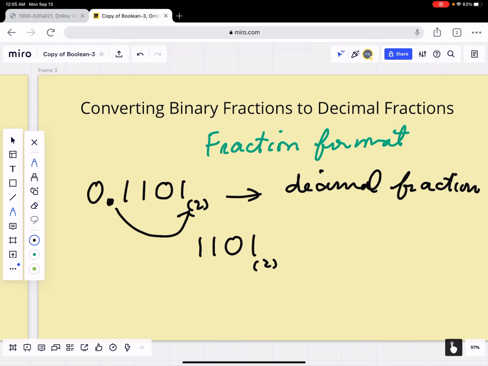So you got 1, 2, 4, and 8, right? The first is 2 to the power of 0 equal 1, 2 to the power of 1 equal 2, 2 to the power of 2 equal 4, and 2 to the power of 3 equal 8.